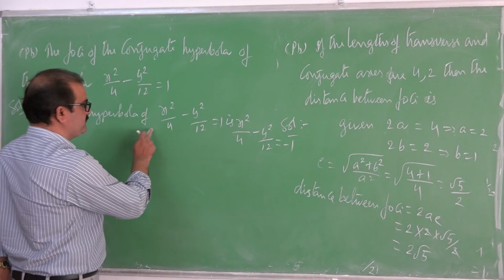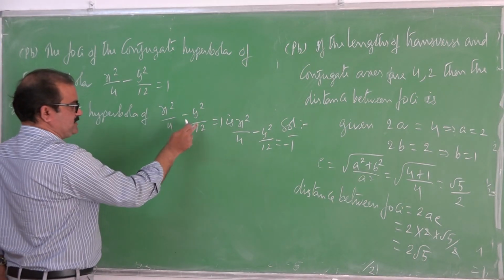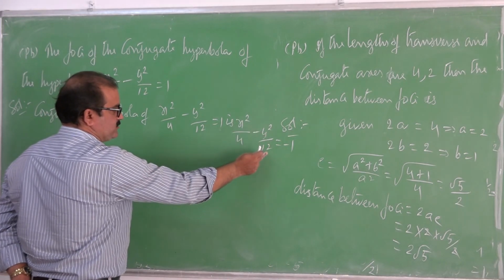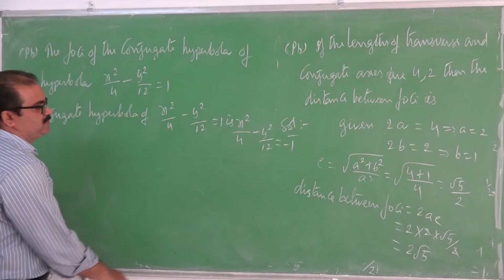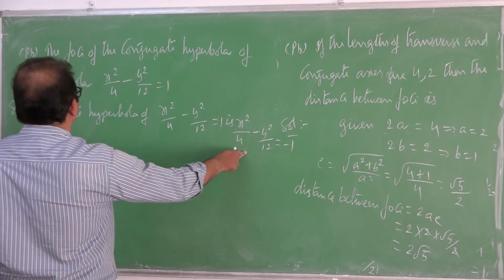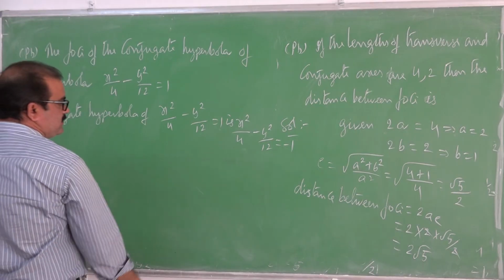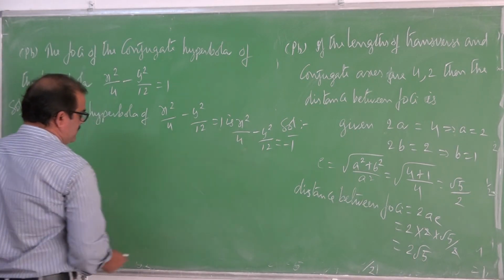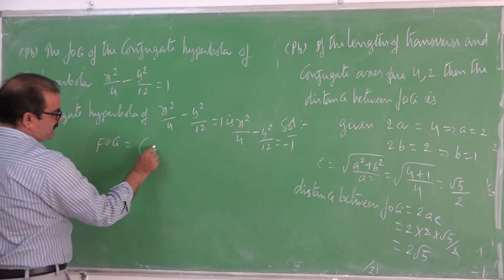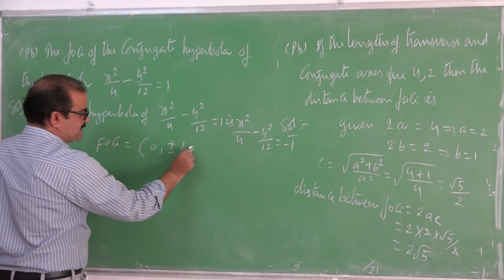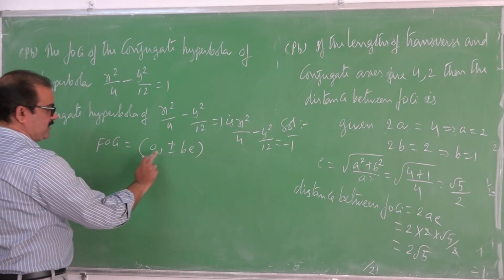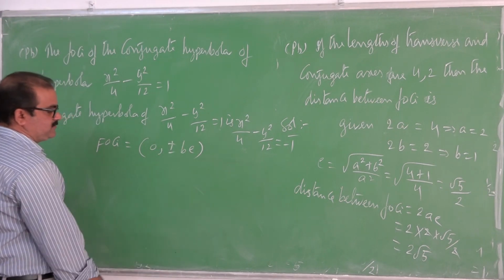Now, to this conjugate hyperbola we find foci. What is the formula to find foci? 0 comma plus or minus be. To a conjugate hyperbola, foci is 0 comma plus or minus be.